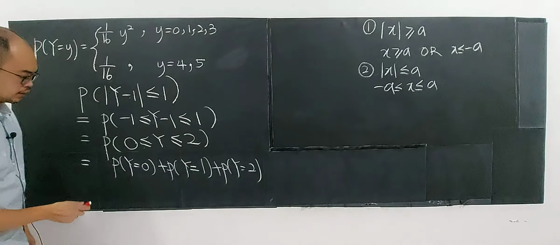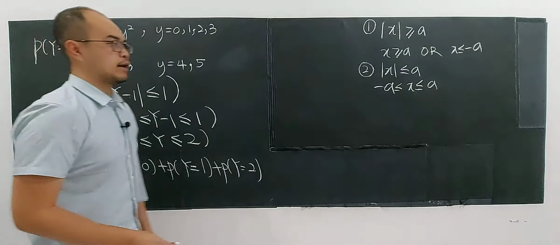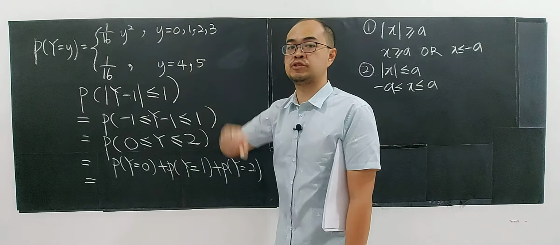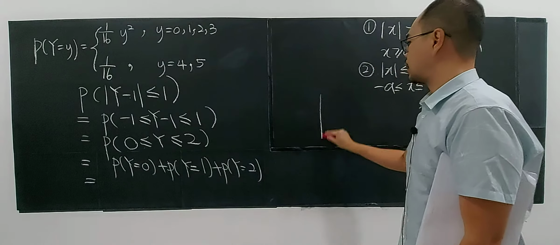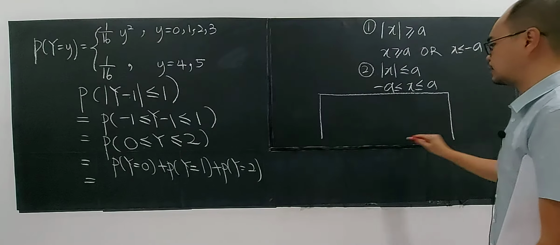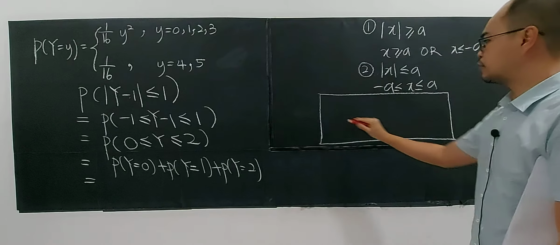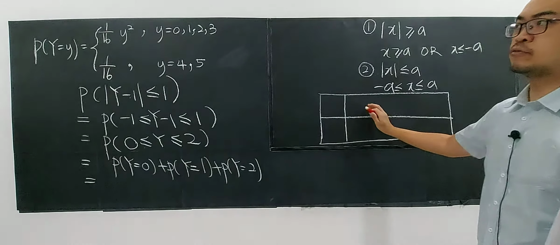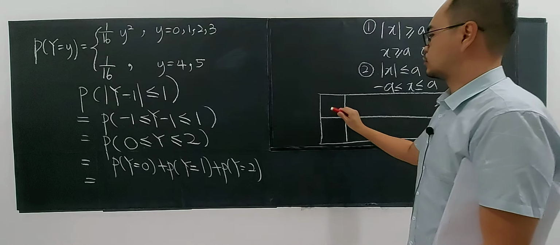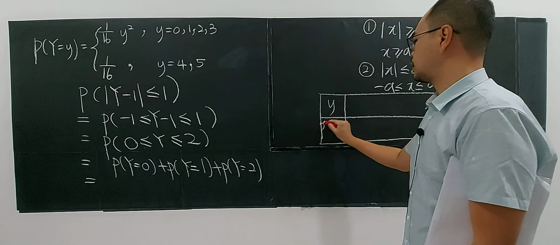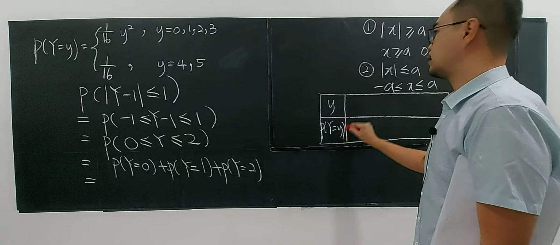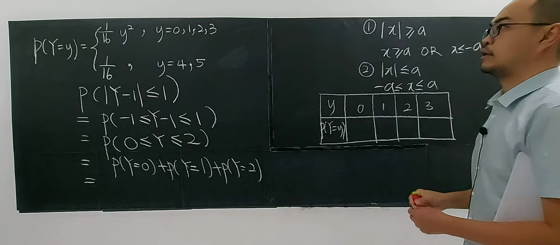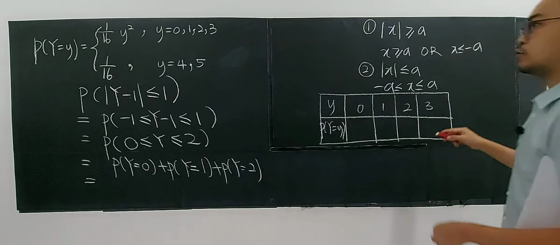These three probabilities here. Actually, I encourage students to construct a probability distribution table. It's quite simple, and you can use it to answer most of the questions here. Even though the question does not ask us to construct it, we construct it for our benefit. So this is your y and this is your p, y equals to y, and the values are 0, 1, 2, 3, 4, and 5.